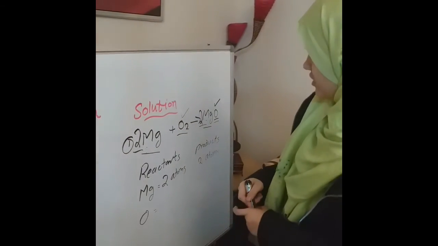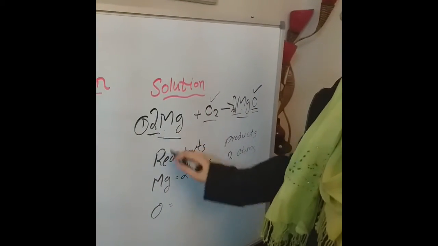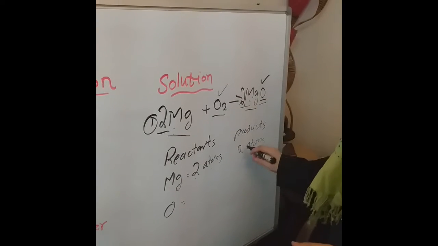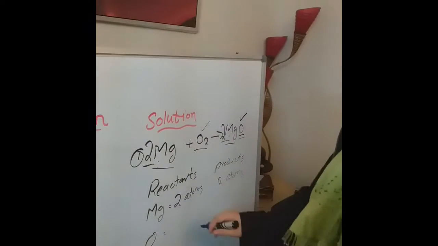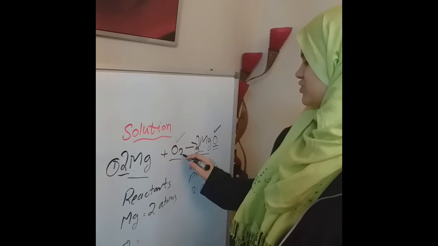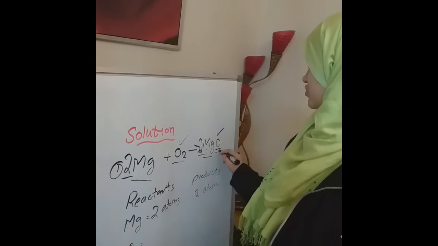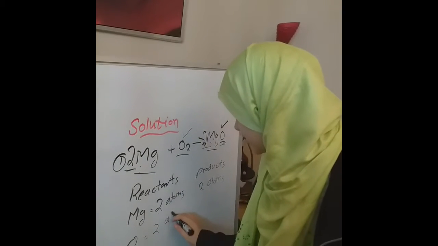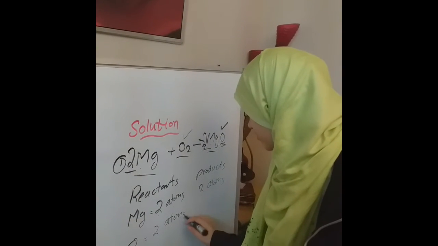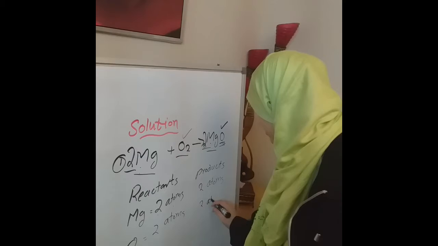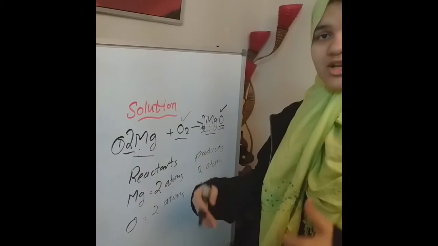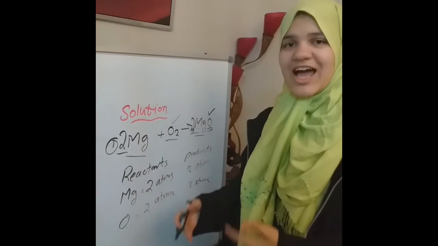So now, as we said before, the magnesium has 2 atoms, and also here in the products magnesium has 2 atoms. Then the oxygen has 2 atoms, and also here 2 atoms of oxygen. Then after that we will collect the total atoms.